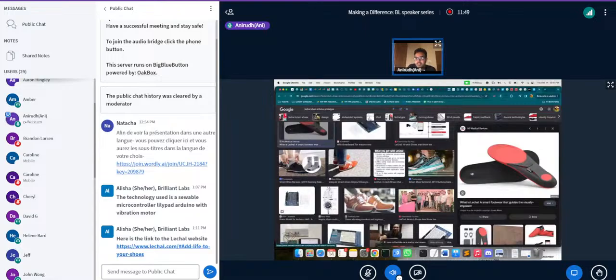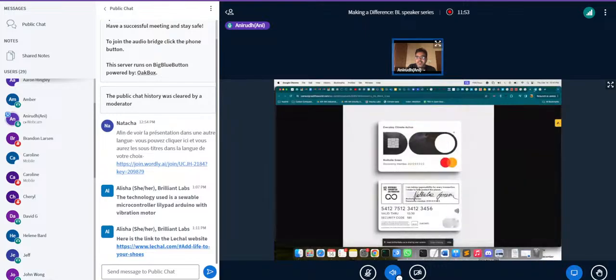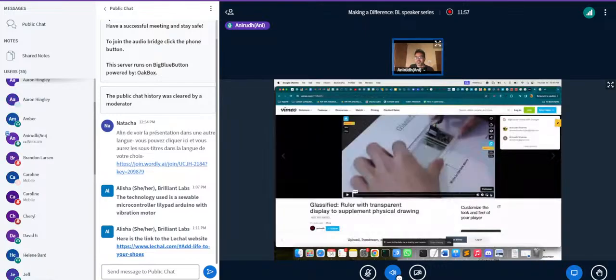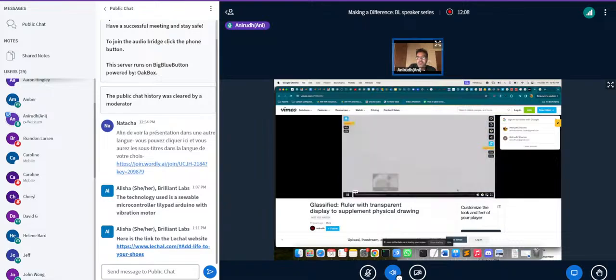So at MIT, I picked up this project where we picked up a ruler, the regular ruler that you use to draw and measure things. How would a ruler look in the future if it was modified with augmented reality capability? This is a demo video.